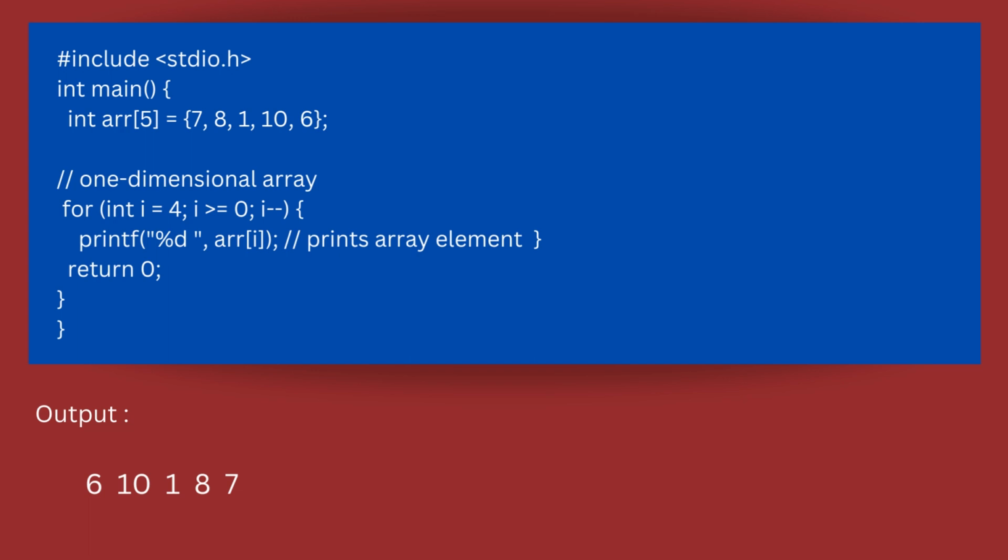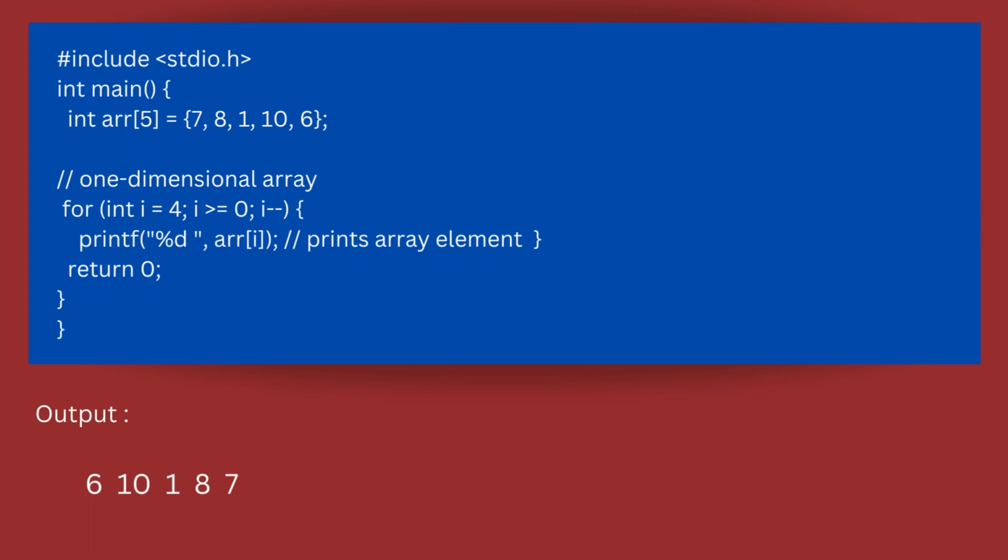In the next line, for the one dimensional array, how will we access this? We will use the for control statement, the looping statement, and through that looping statement we go through the 5 elements. The maximum value is 4, and whenever the i value is greater than or equal to 0, it will execute the for statement. So with the for statement, the output will be 6, 10, 1, 8, and 7.